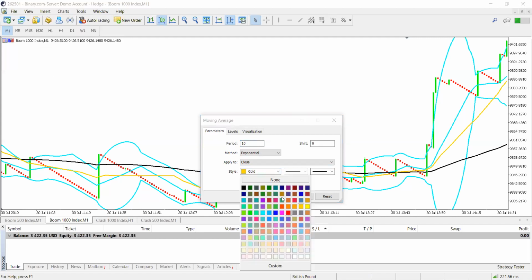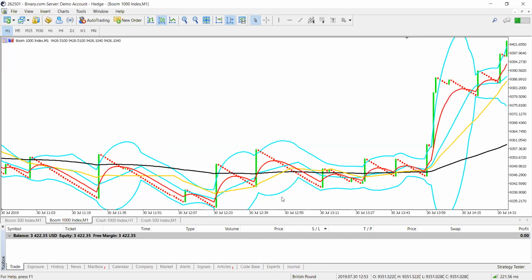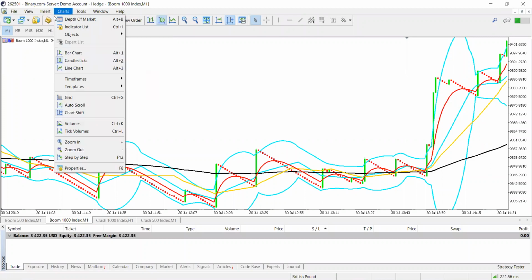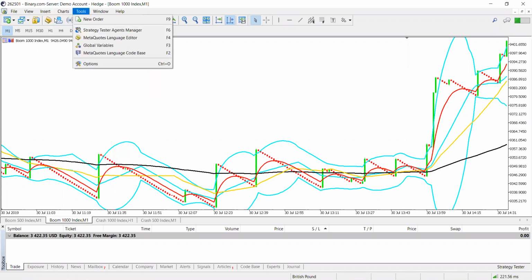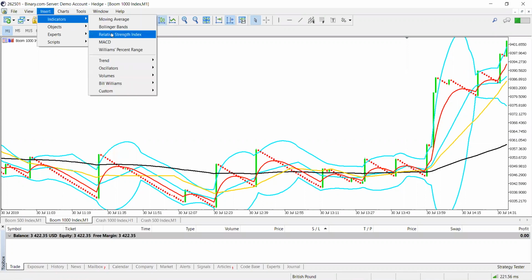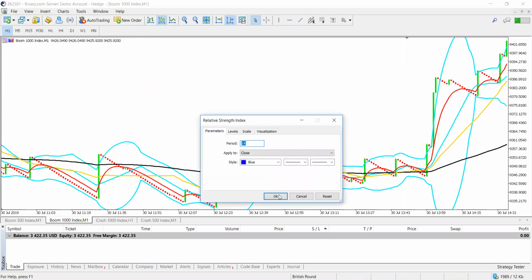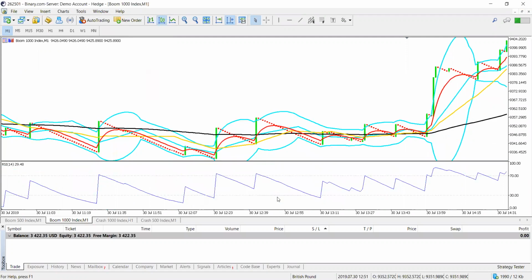Right. So now I've got all my moving averages on the charts, and the other indicator that I will add on the 1 minute time frame is the RSI, level 14. Now we've got these indicators on the charts, and that's all you need for your charts.